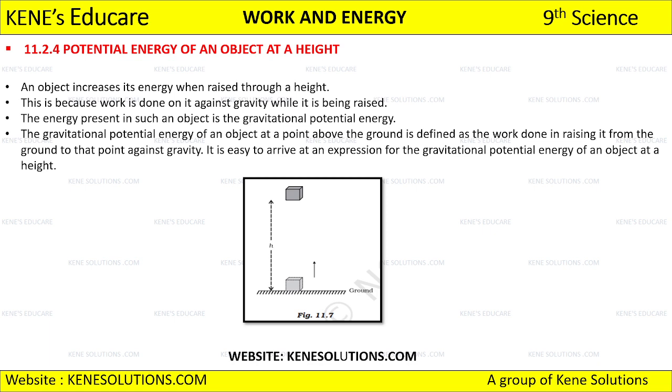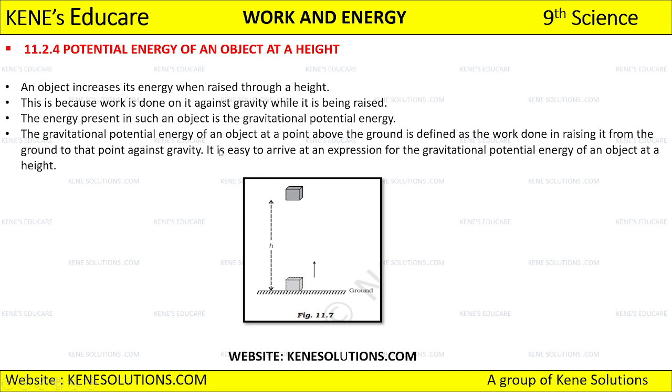Can you see the ground in the picture? The work that has been done when you are raising this box to a certain height. So how do we define this gravitational potential energy? As the work done in raising the object from the ground to that point against gravity. That is called the gravitational potential energy.